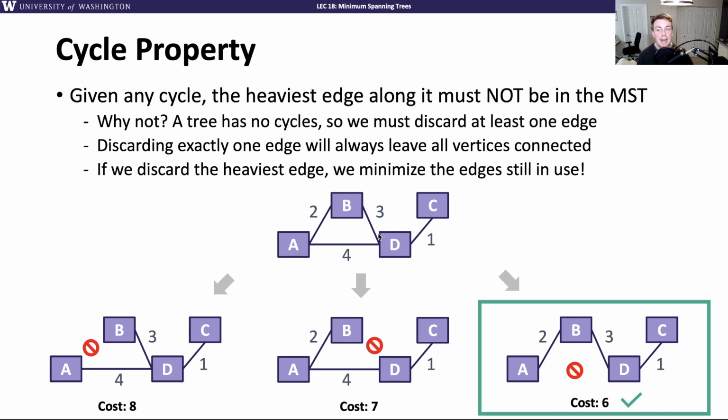Now, you could kind of go through and try removing each possibility, remove that edge, remove that edge, remove that edge. And the world where you remove the edge with the highest weight, that's going to reduce the cost of the tree the most. And so your minimum spanning tree will never include the edge with the highest weight in its tree.